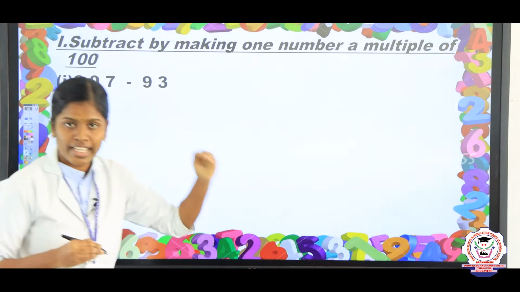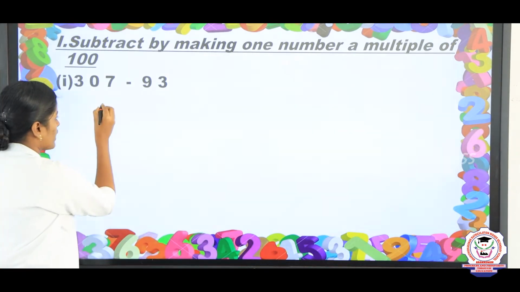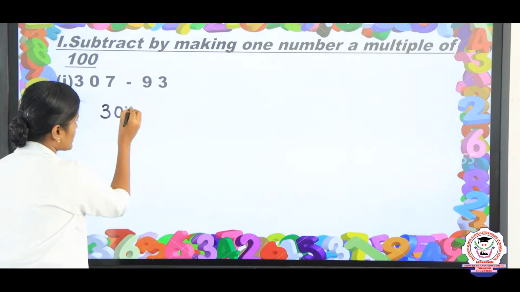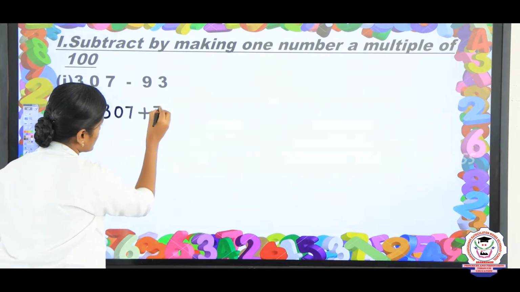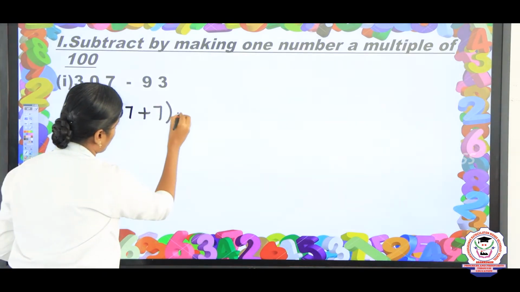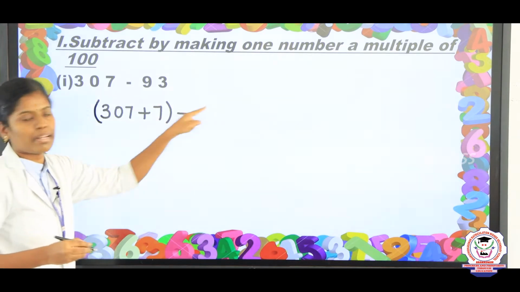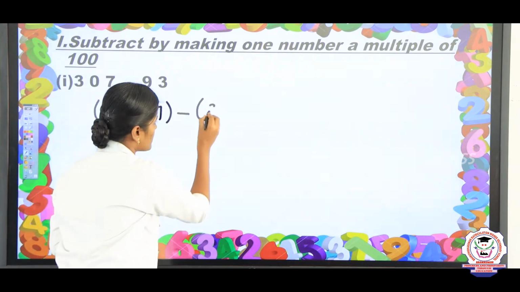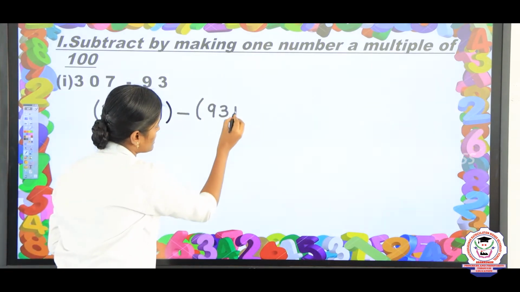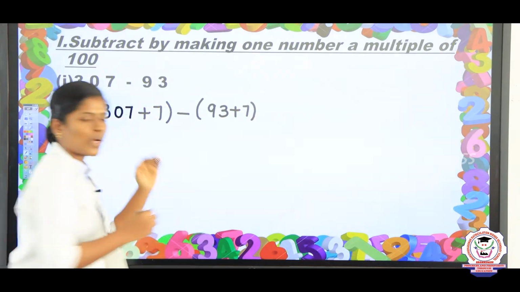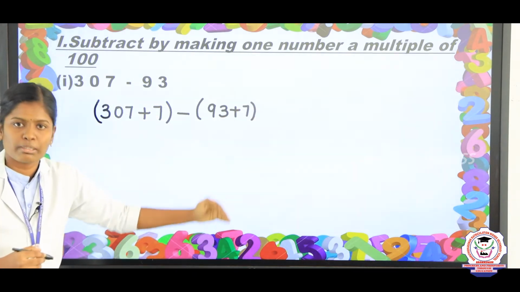Take 307 plus 7, then minus 93 plus 7. Now we are going to add these two numbers. Finally, we should subtract this, right?